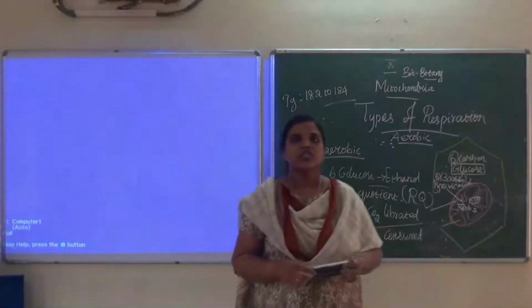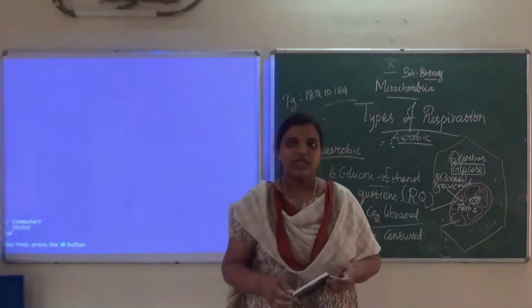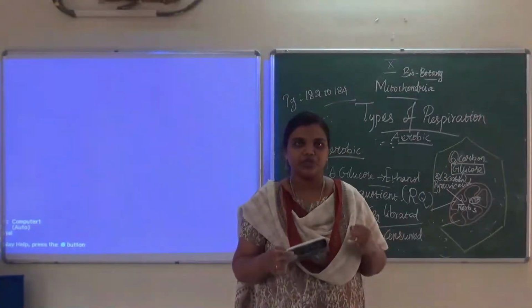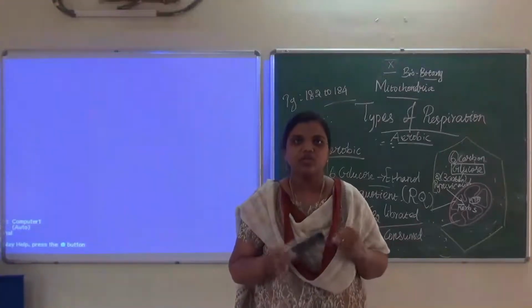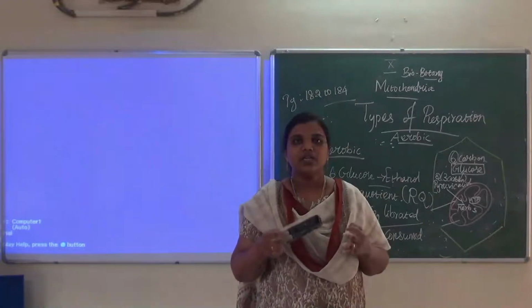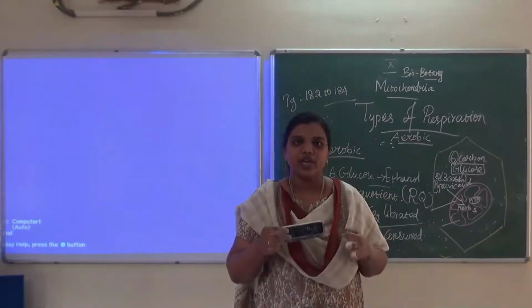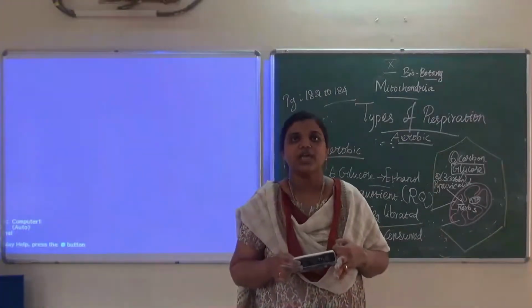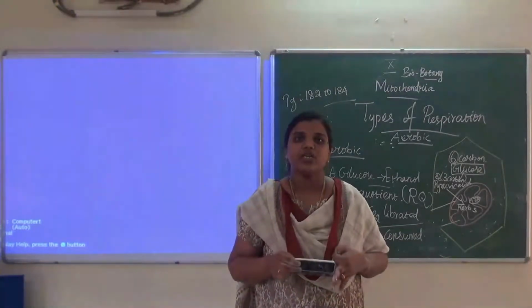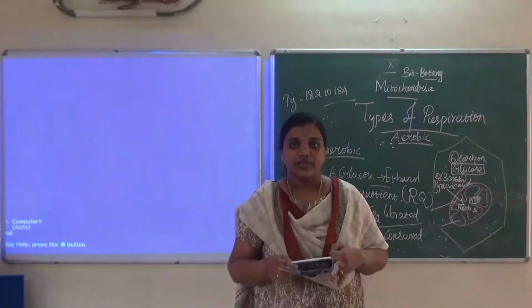Okay students, today we are studying about mitochondria. First you should read the membrane: 2 membranes, inner and outer. The inner membrane's finger-like projection is known as cristae. The cristae have F1 particles. These F1 particles synthesize ATP molecules.